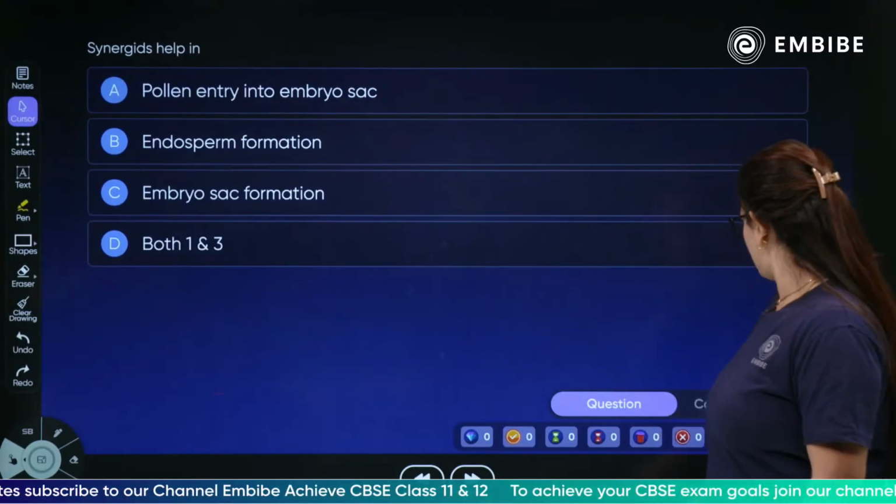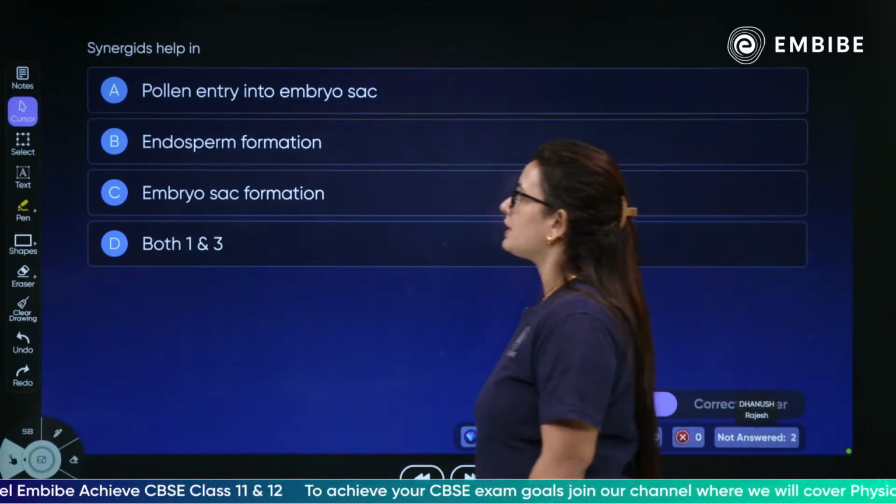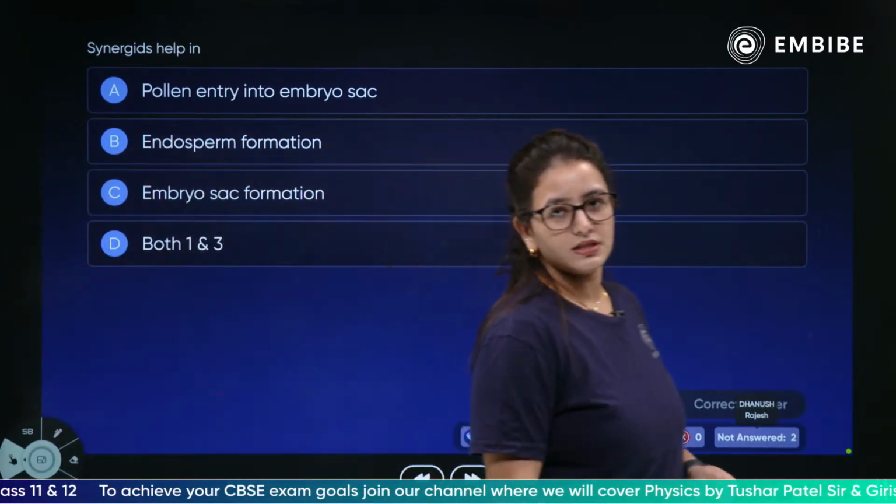Next, a question for you. What is the function of the synergid cells? Yes, what is the function of the synergid cells?